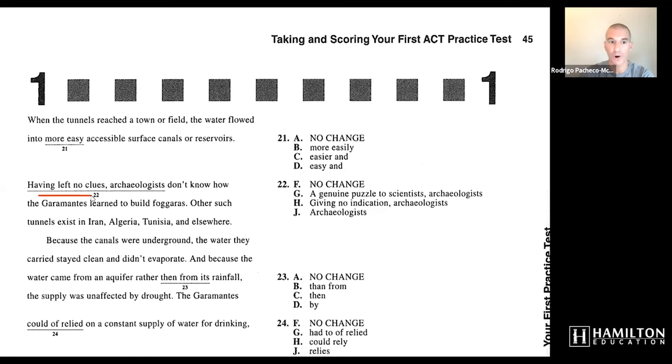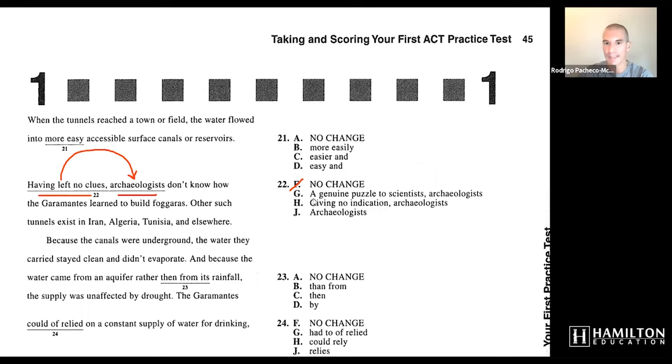This is a participle phrase, having left no clues. And the rule is that these participle phrases always modify the subject. So with F, no change, this is literally telling us that archaeologists have left no clues. So that's the dangling modifier, which is a grammatical issue.